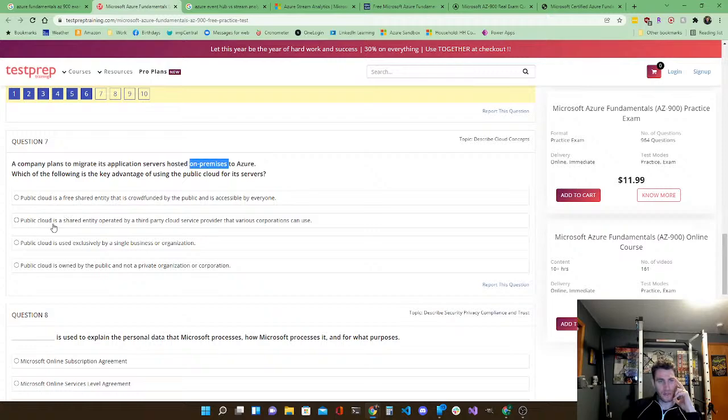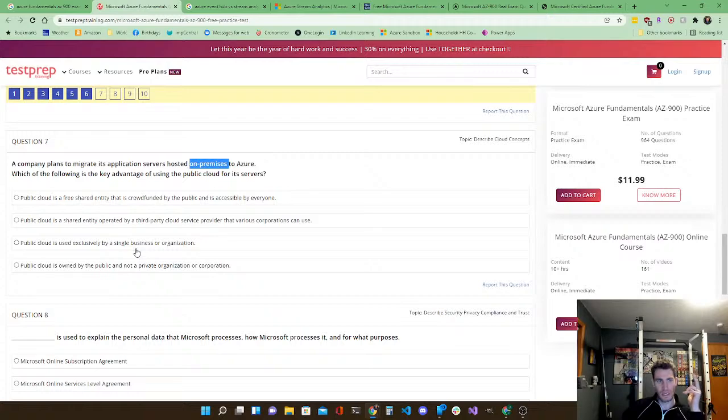But public cloud is a shared entity operated by a third-party cloud service provider that various corporations can use. It's definitely third-party cloud service, and various corporations can use it. Obviously, you have to pay. Public cloud is used exclusively by a single business or organization. That would be a private cloud.